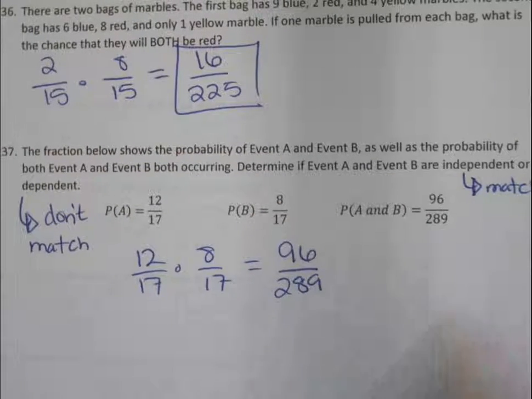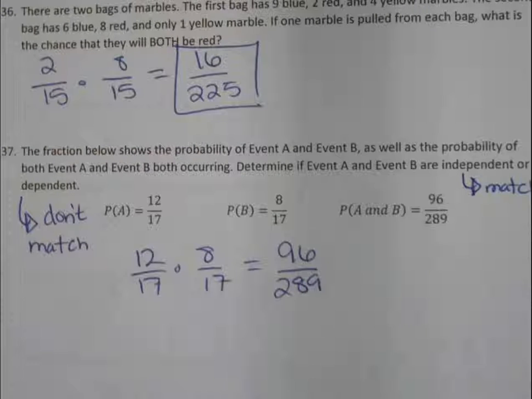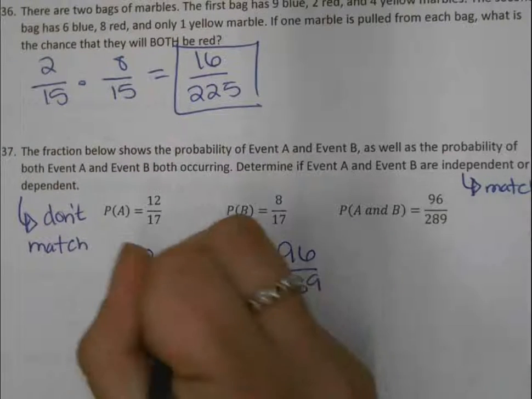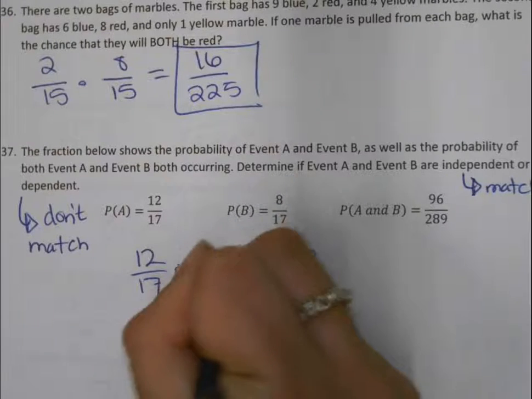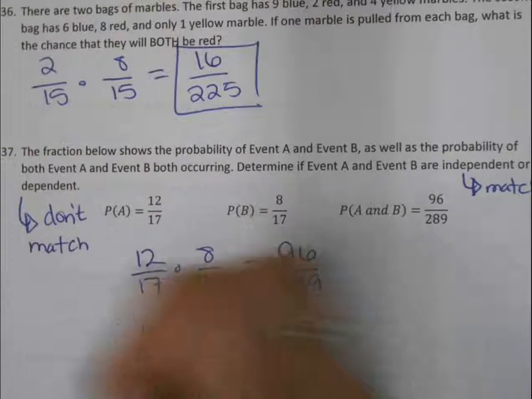Do they match, these two? Yes. You just have to turn it back into a fraction because it gives you decimals. Okay, so they match and it's going to be independent. Questions here?